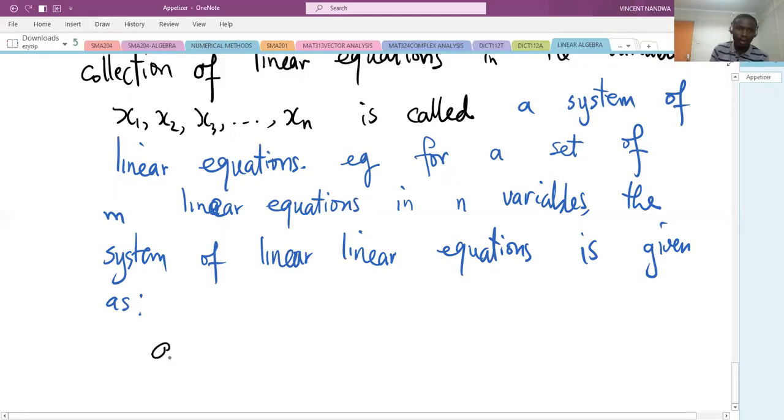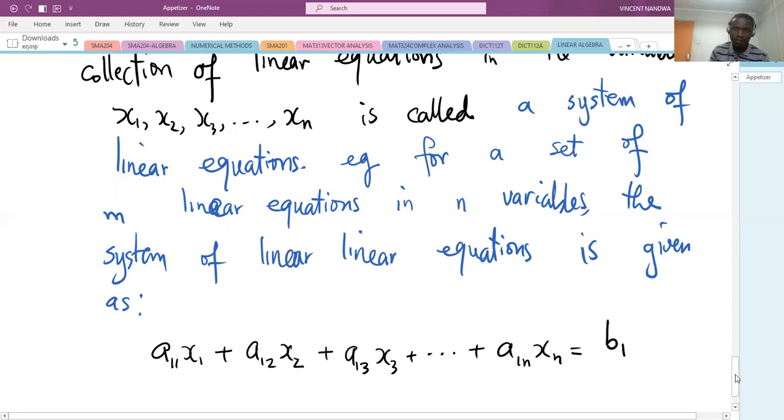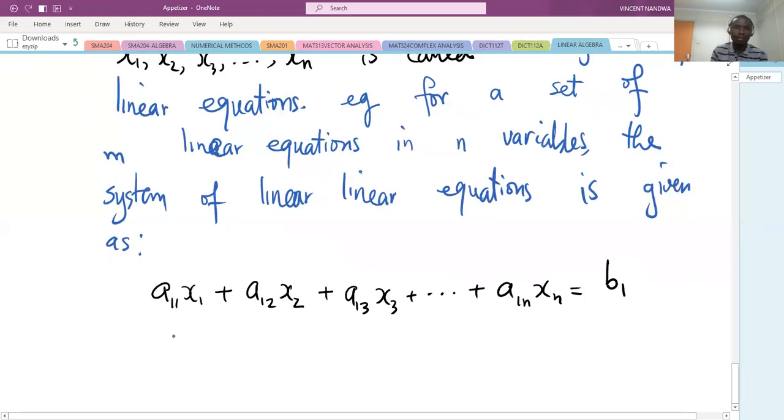So I have a11 x1 plus a12 x2 plus a13 x3 up to plus a1n xn equals to b1. So that's the first linear equation.